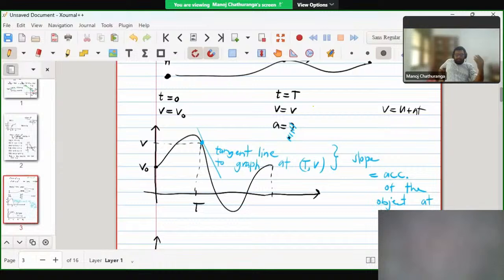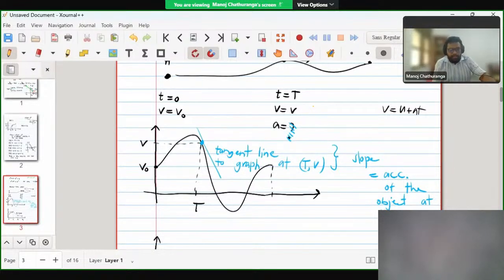But how can we compute the tangent line? In your grade 11 geometry class, you talked about tangents to circles and things like that. But in general, the graphs of these functions can be anything. They could be parabolas, they could be hyperbolas, they could be anything. So how can we compute the slope of the tangent line?